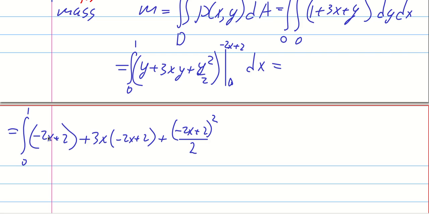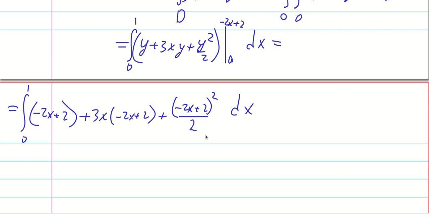If we plug in 0, everything will zero out, so we don't really need to do that. So we have this expression over here. Can we simplify it? Let's see. We get negative 2x plus 2 minus 6x squared plus 6x. Then we square over here.